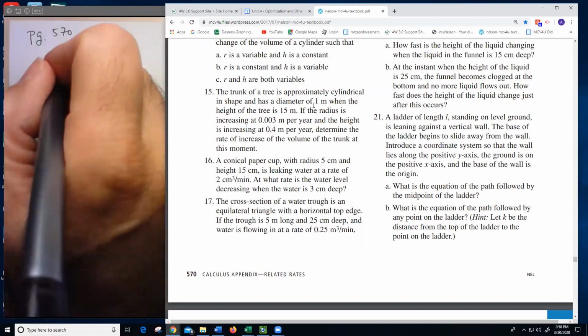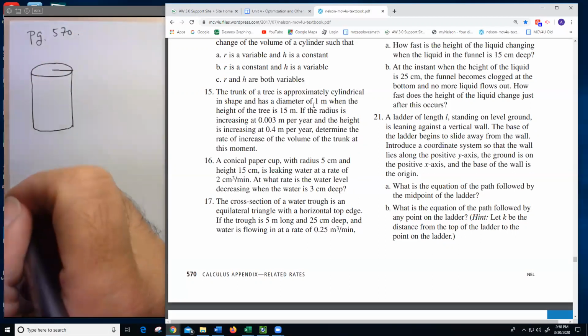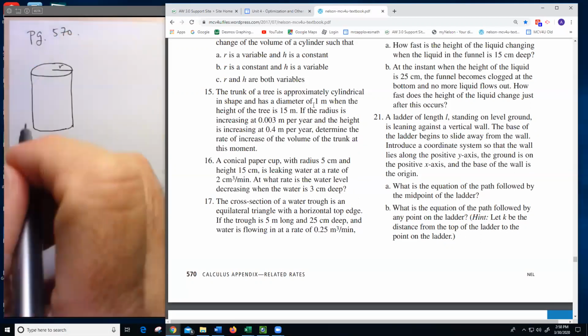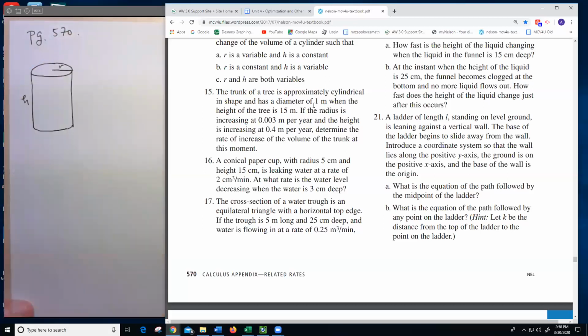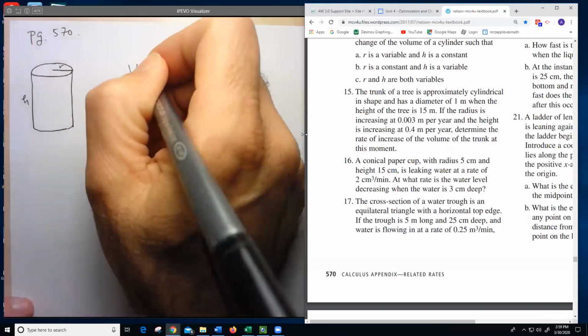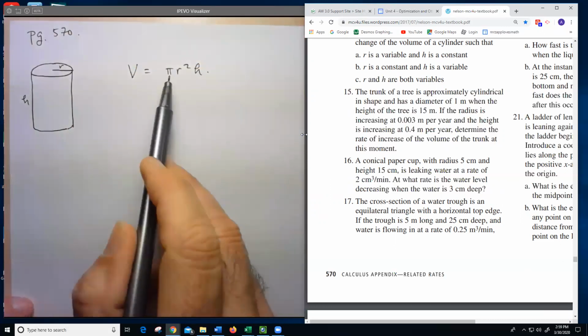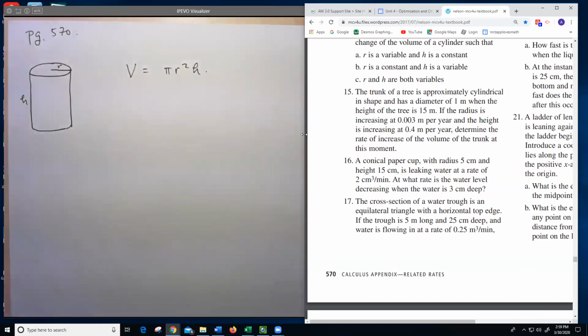Okay, but I do know that in order to work with the volume of the trunk, I'm going to need the radius and I'm going to need the height. Okay, and they give me the rates. So if I want to try to work with the volume of this tree trunk, well, we know it's pi r squared h, but here we've got two variables.